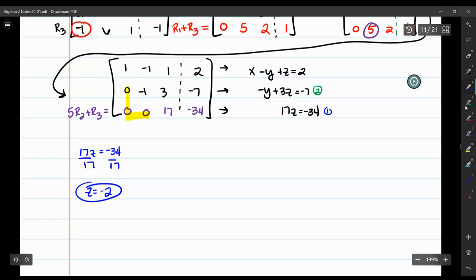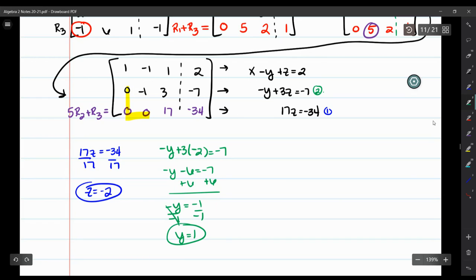Then we're going to use our second equation, our green equation, -y plus 3 times z, which is -2, equals -7, and we're going to solve this for y. 3 times -2 is -6. Add over the 6. -y equals a -1. Divide out the -1, and we have y equals 1. And then lastly, we're going to use the top equation to find the x.